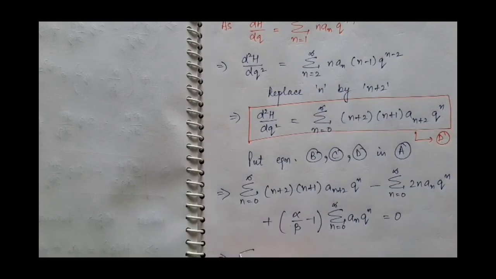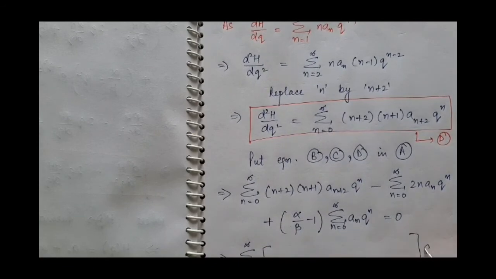So here we have summation n varies from 0 to infinity common, and q raised to power n is common, and it is equal to 0, and inside the bracket we have (n plus 2)(n plus 1) a n plus 2 minus 2n a n plus alpha by beta minus 1 into a n.